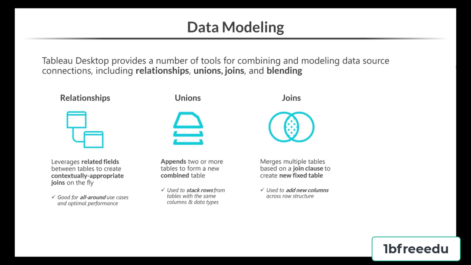For this reason, joins should be used more sparingly than relationships or unions. Often, the extra data and table materialization created by joins will cause performance slowdown. If joins are needed, ensure that your keys between the tables are accurate and that you are limiting the data source filters down to only the data that you'll need.